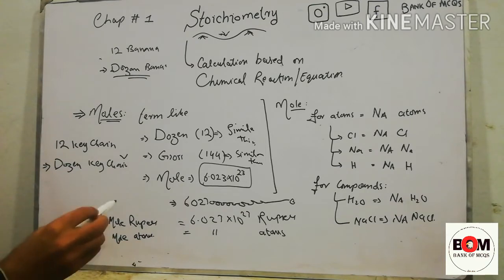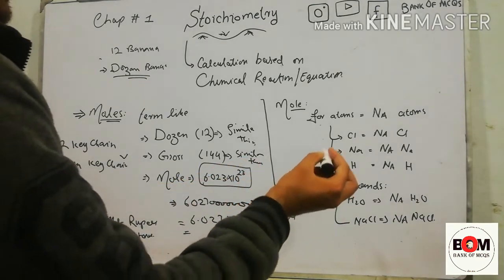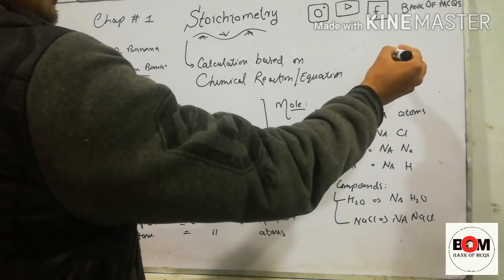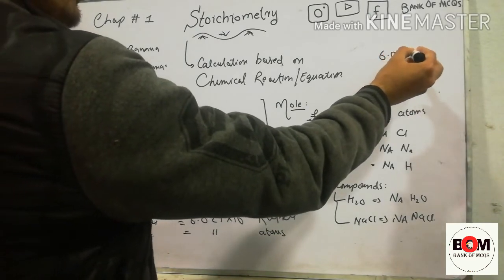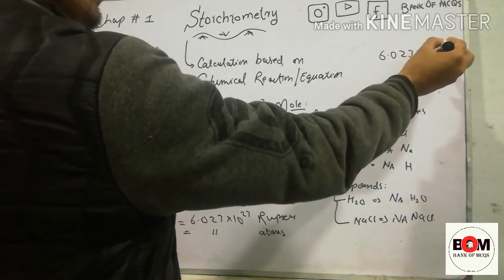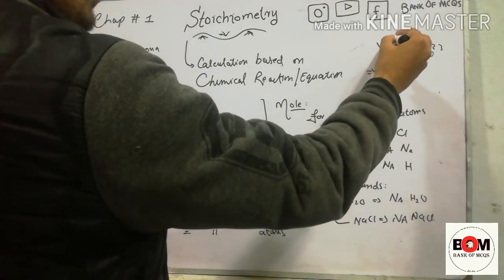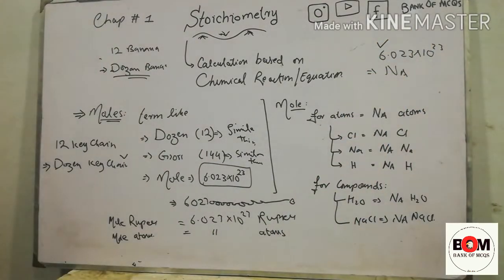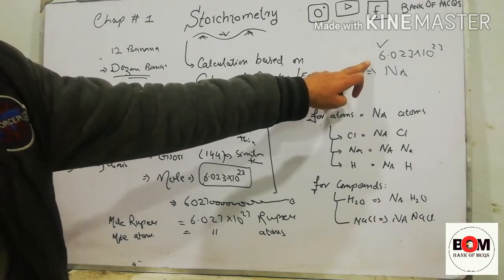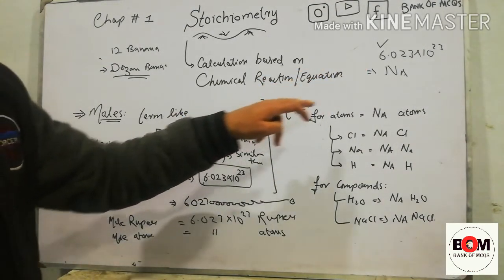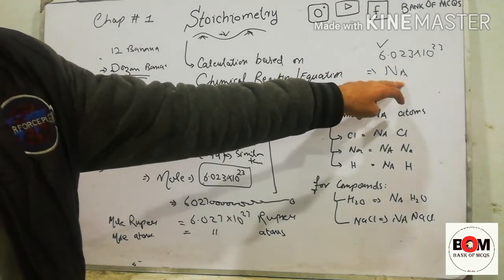For this, in books we represent the number 6.023 multiplied by 10 raised to power 23 by Na, and this number is called the Avogadro number, after the scientist named Avogadro. To avoid repeating this number in writing and calculation, we use the term Na.